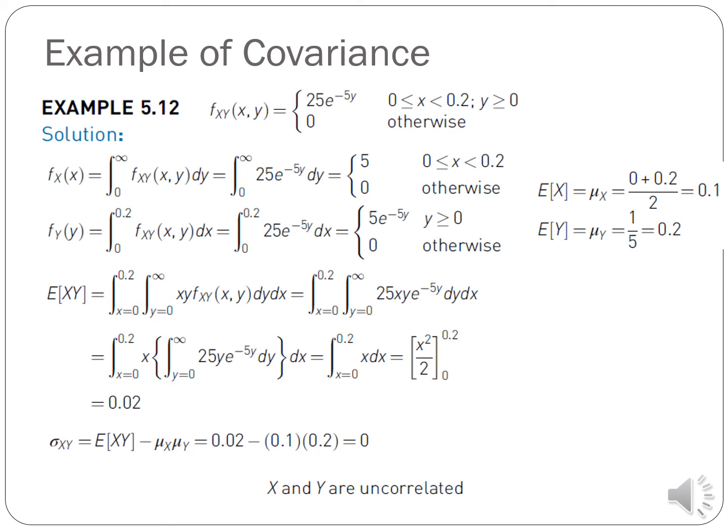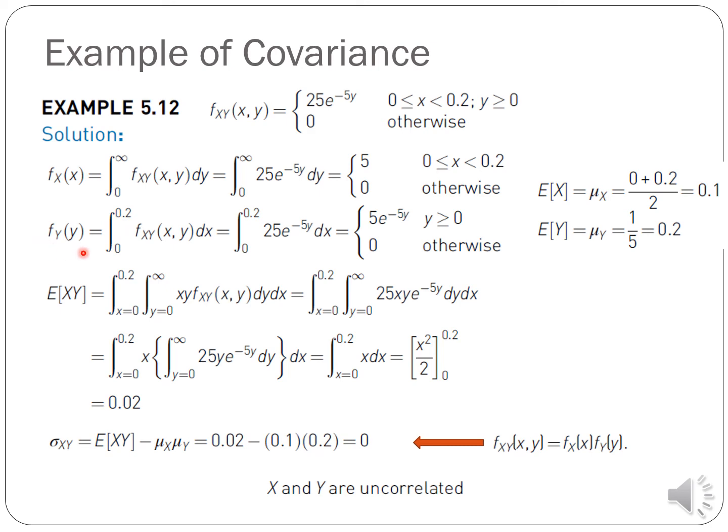However, it is interesting that we can come to this conclusion that x and y are uncorrelated, or the covariance will be 0, directly from another way, which is we can show that fxy is equal to fx into fy.